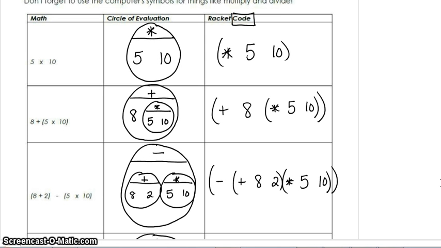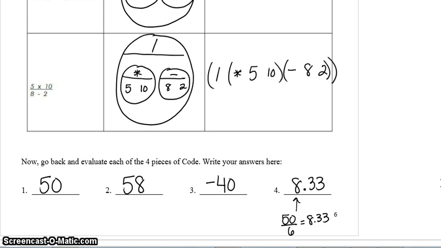If you need some time to check these answers, you can pause the video now and check this screen. Otherwise, I'm going to scroll down to the bottom half of page 6 where we see the final circle of evaluation with the corresponding code. So go ahead and check that as well as the answers when we evaluate each of these pieces of code down at the bottom.